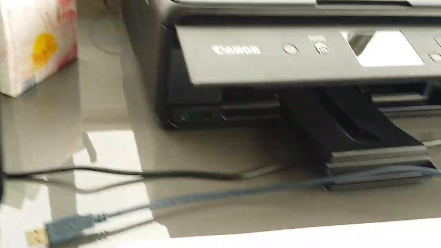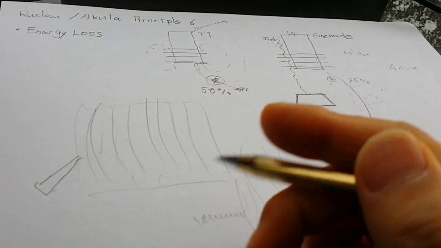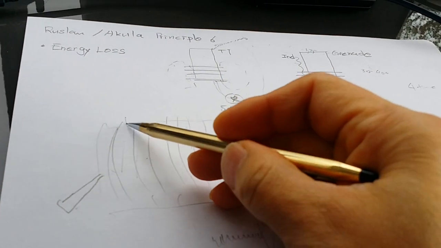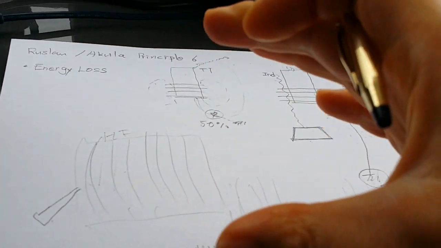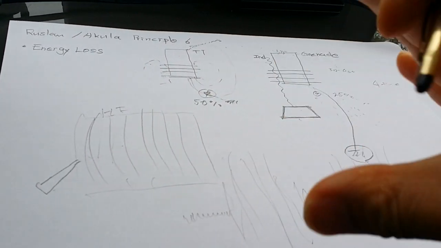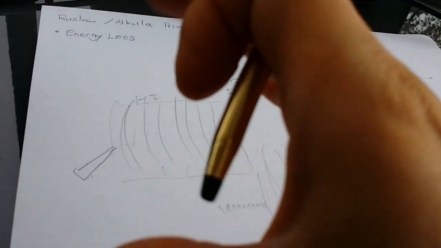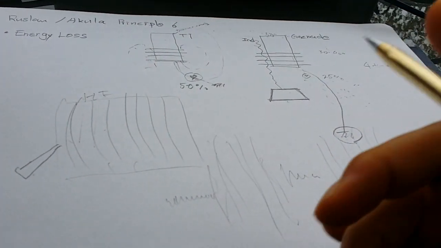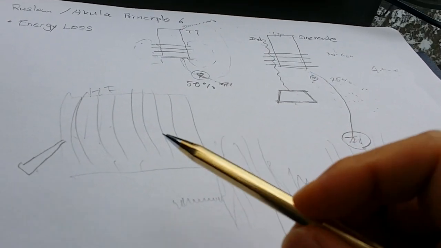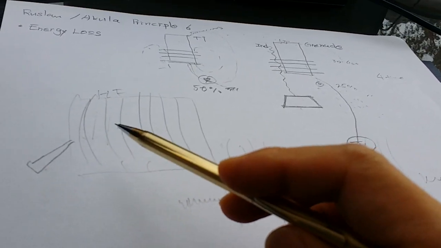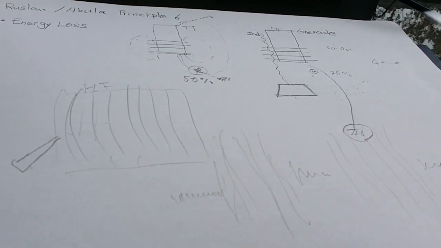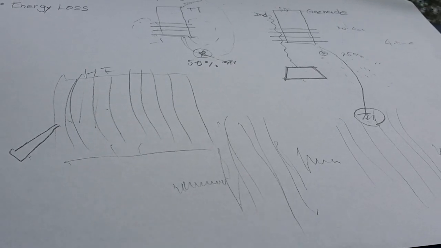So, as he changes this high frequency, sometimes it's pulsing with some hertz, not even 1 kilohertz. It's pulsing like that, and at this time the energy consumption is not that high.